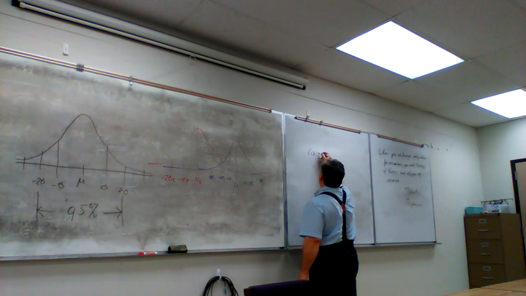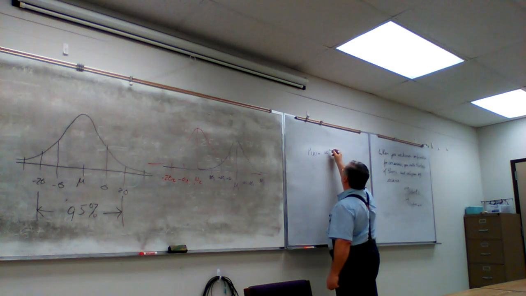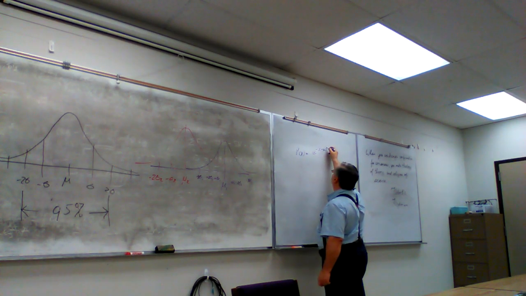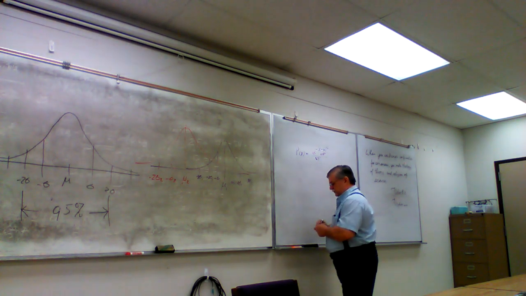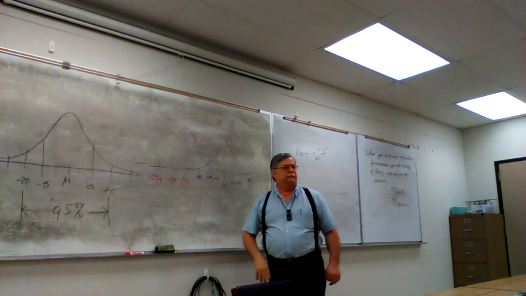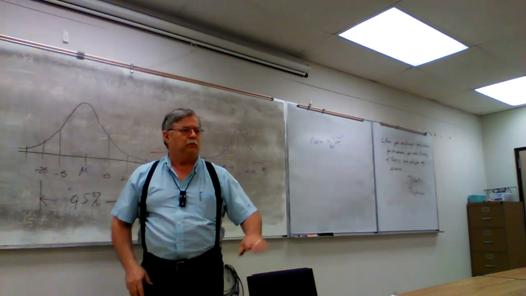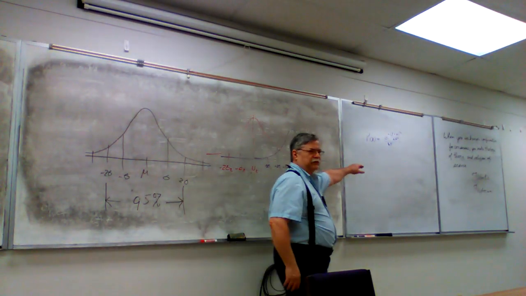Probability of x is equal to e to the minus (x minus mu) squared over 2 sigma squared, divided by, I don't remember, the square root of 2 pi, something or other. Okay, the point is we've got Gauss's equation.